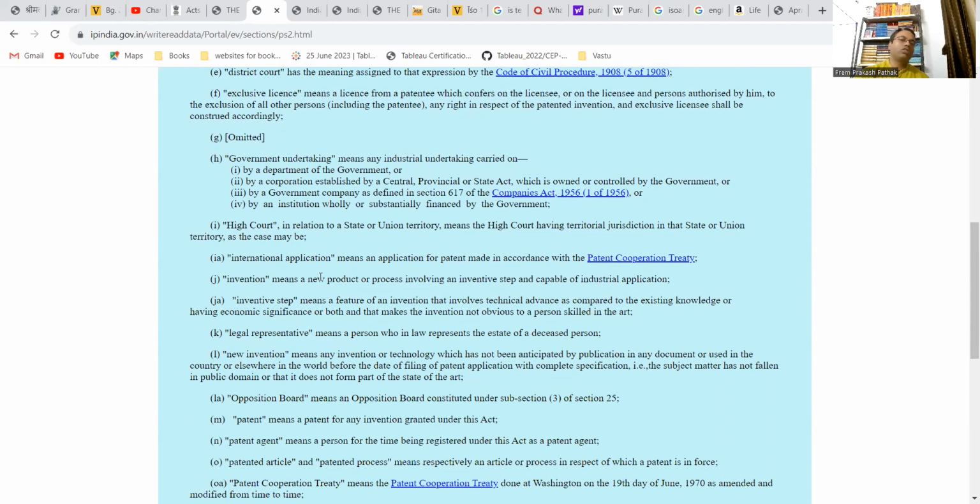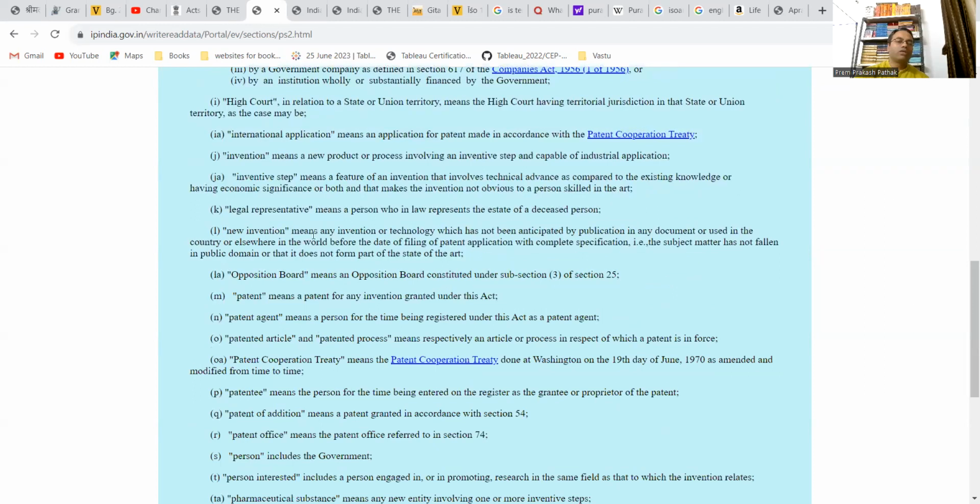And there is also the term new invention. What is new invention? An invention must be a new product or process. So what is new? That is defined in clause (l). New invention means any invention or technology which has not been anticipated by publication in any document or used in the country.